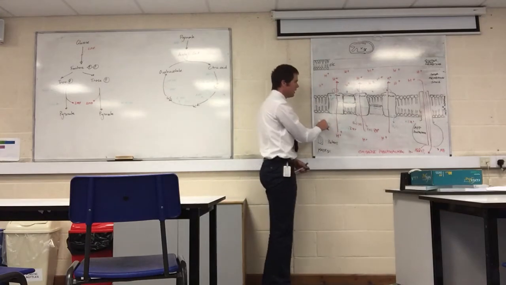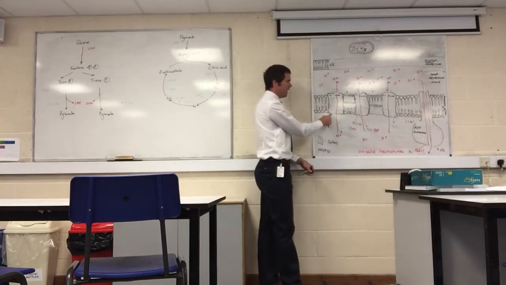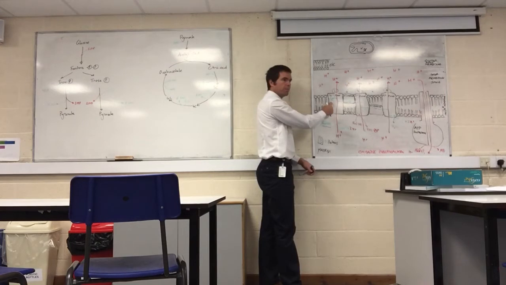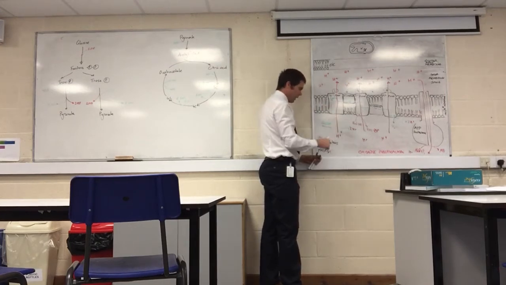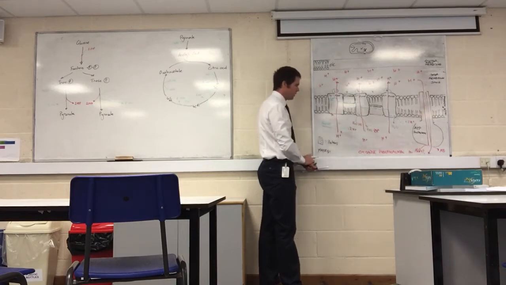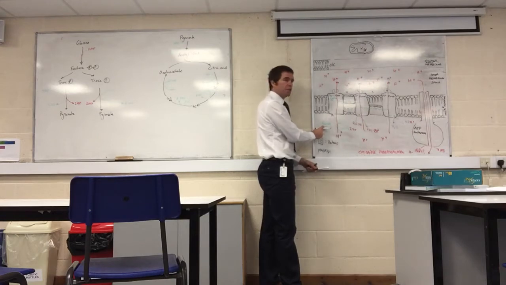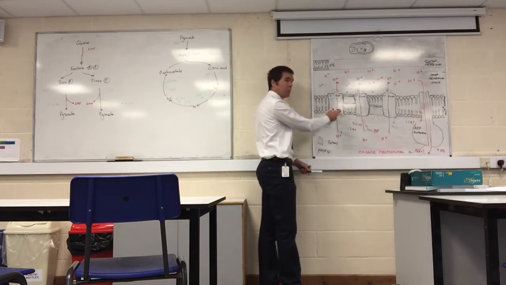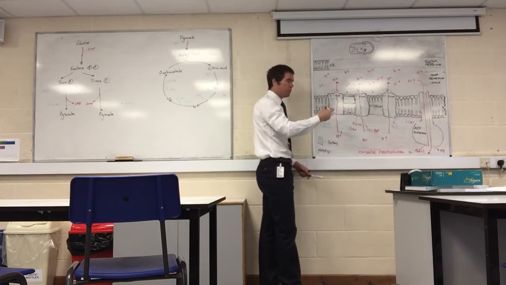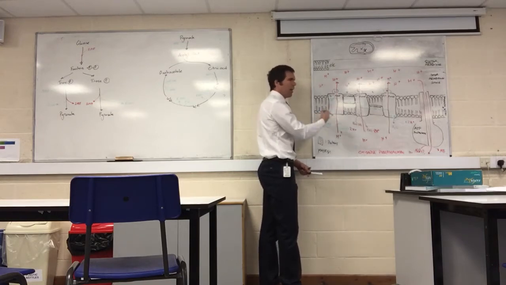So what that means is the reduced NAD can't give up its electrons to this proton pump here. As a consequence, this reaction can't happen. So we have an issue. Which means we get a build-up of reduced NAD because it can't give up its electrons. If you like, there's a queue of reduced NADs waiting, needing one of these to become available to pass on its electrons.